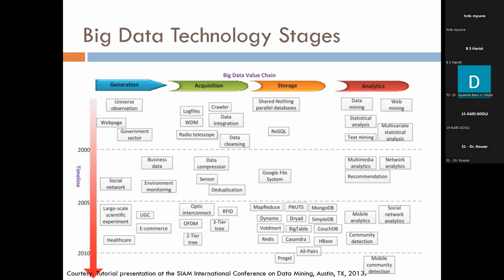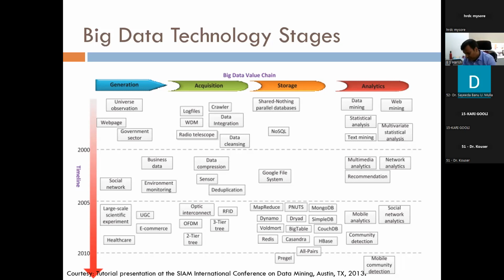It's like different stages, sir. When big data is generated till the analytics phase, what are all the steps? The various sources of big data generation are on the left. Correct. Then various sources through which the data can be obtained, like acquisition through sensors and RFIDs. Correct.